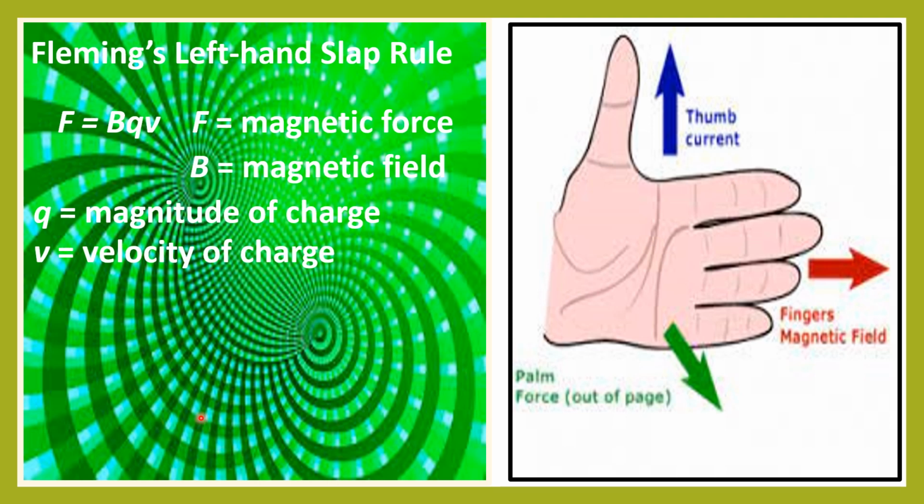So our given data or quantities are, we have the velocity of the negative charge directed eastward, right? So get ready your left hand, position it in such a way that the velocity v is directed eastward or to your right.